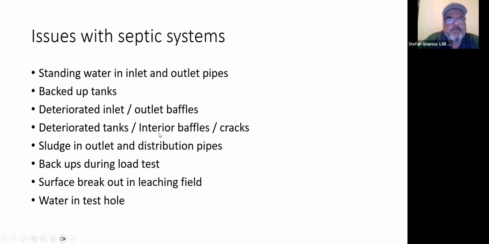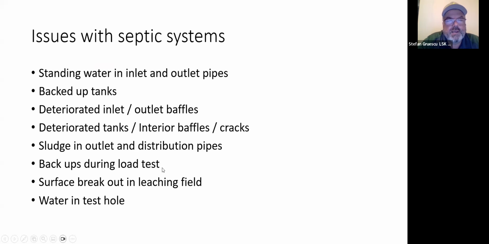Deteriorated tanks, the interior baffles, that's the wall in between. And sometimes the tanks, especially the older concrete ones, have cracks in them, so have become pretty unstable and not safe. We may see sludge in the outlet pipes or the distribution pipes.